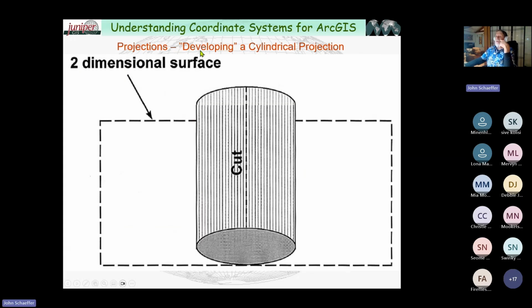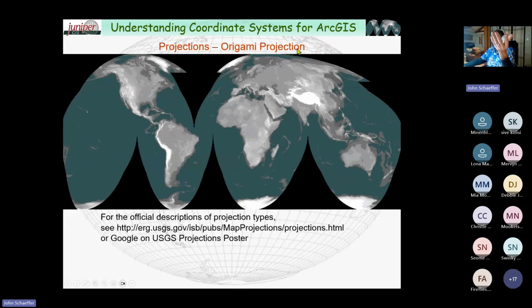Now, developing a cylindrical projection. Basically, conceptually, what we're doing is we're taking a piece of paper, putting it around the globe some way, however we want to do it, and then being able to cut that piece of paper, lay it out, and then we'll have our map surface. One of my favorite projections is the origami projection. You probably know this: origami is a Japanese art of folding paper into different shapes like swans and stuff like that.